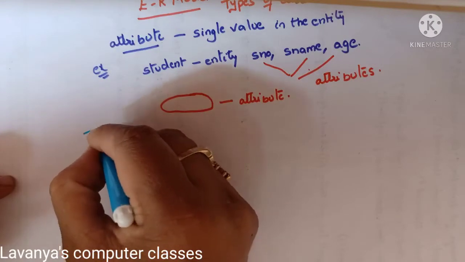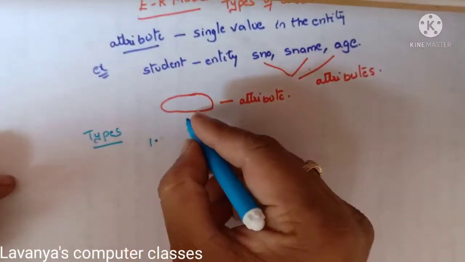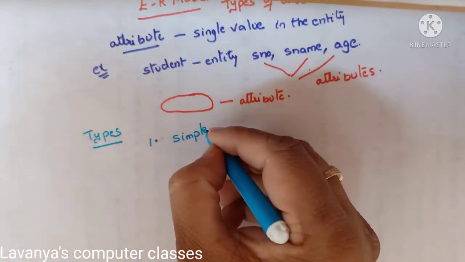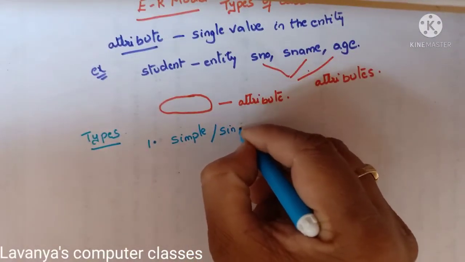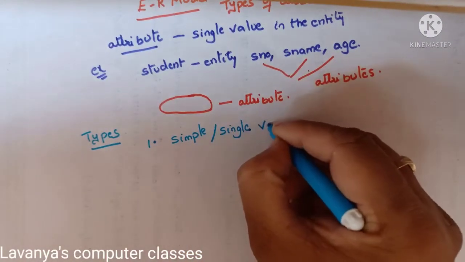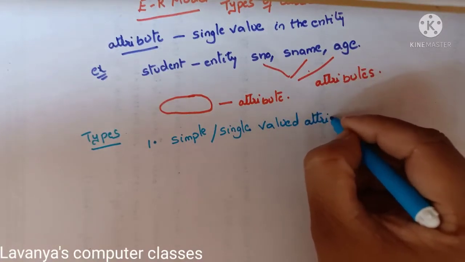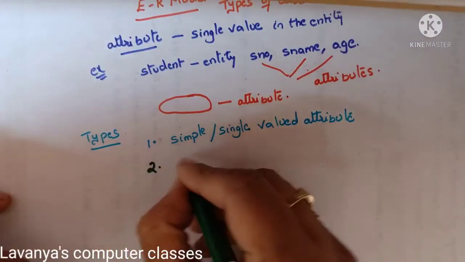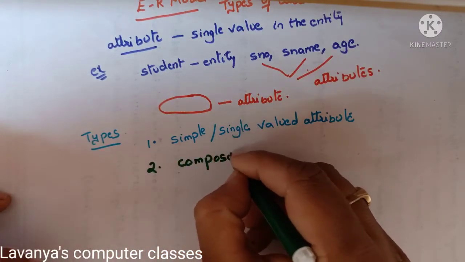Now we will go through the different types of attributes available in the ER model. The first one is simple or single valued attribute. The second one is composite attribute.